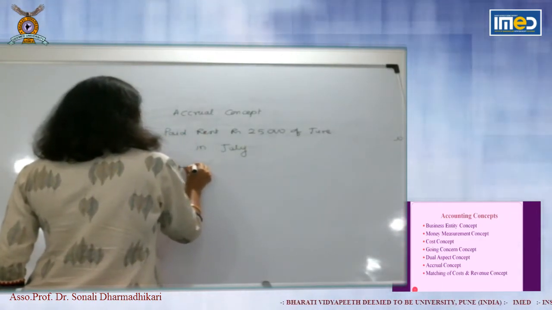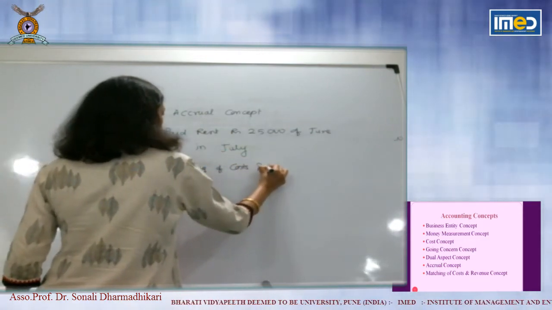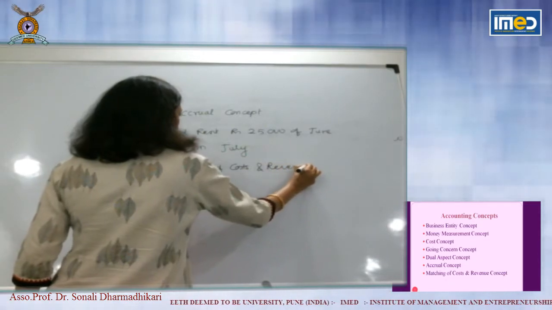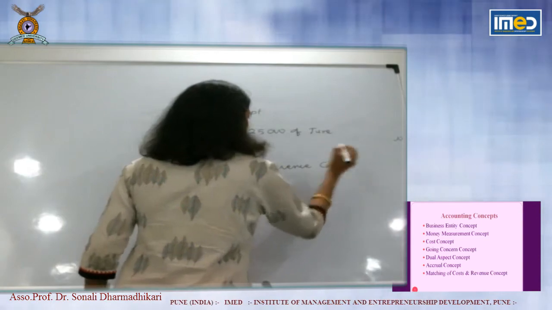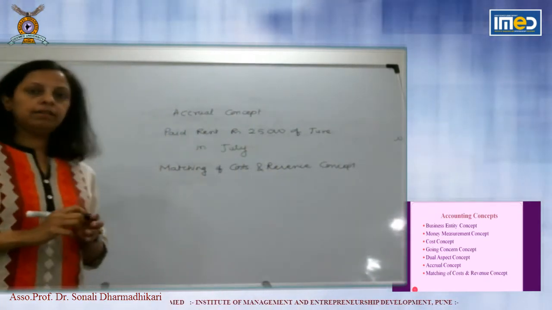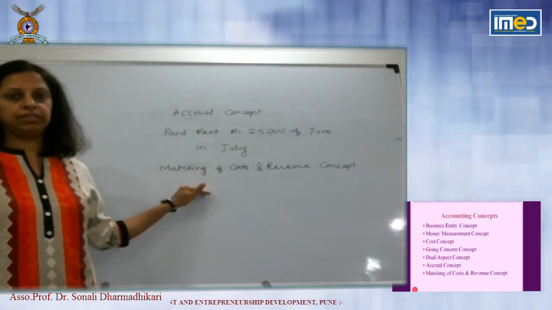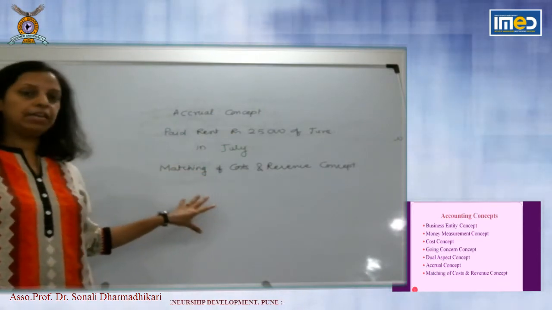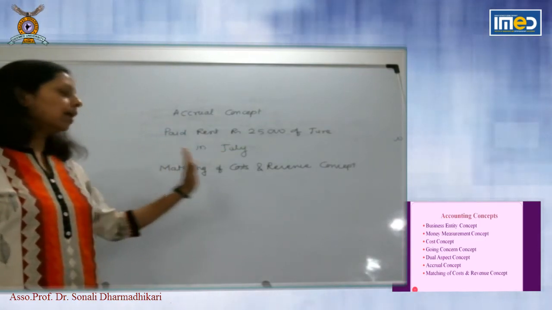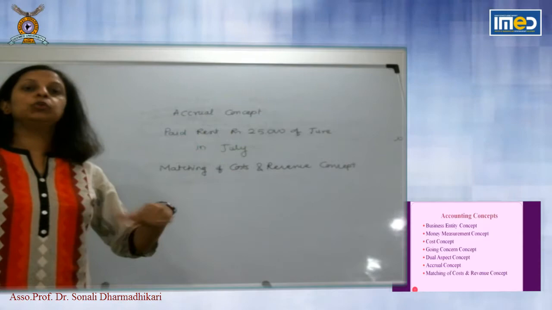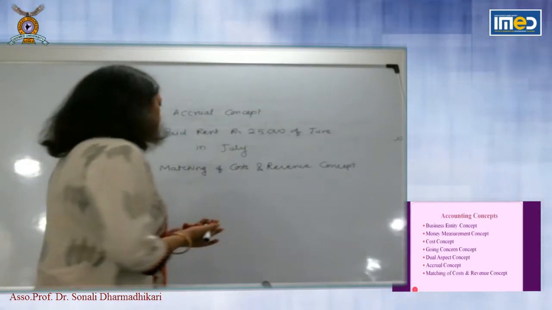Now it is a related concept. Matching of costs and revenue concept. Now this is continuation of accrual system. For a particular financial year, you have to match both costs and revenue. And if they do not match, you have to make adjustment.